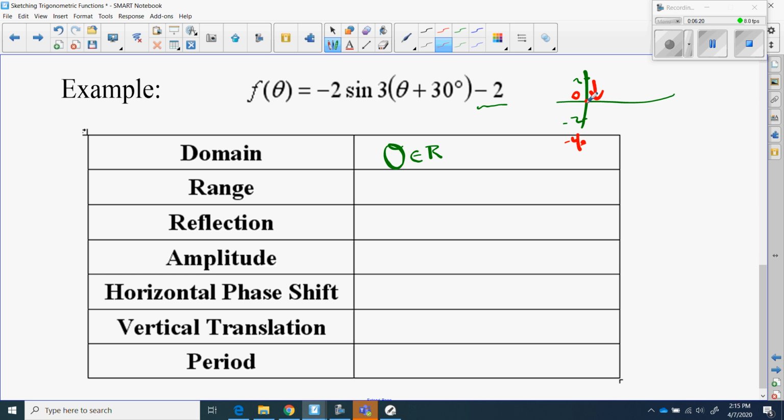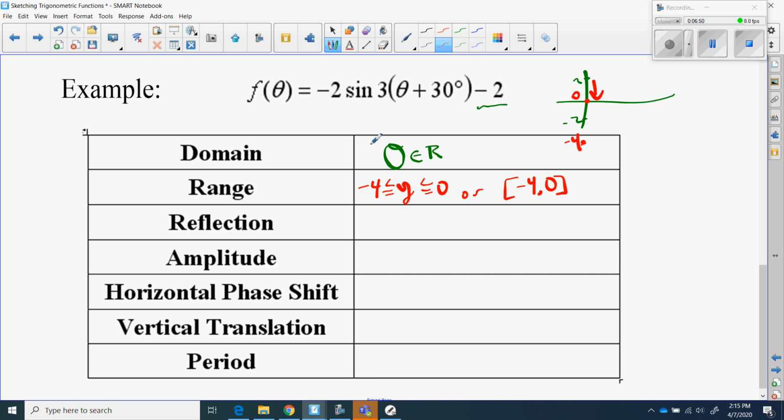So this graph, which was running between 2 and -2, is now going to make a wave that passes between 0 and -4. So your range will be -4 is less than or equal to y, which is less than or equal to 0. Or, if you prefer this notation, [-4, 0]. That means everything between -4 and 0.